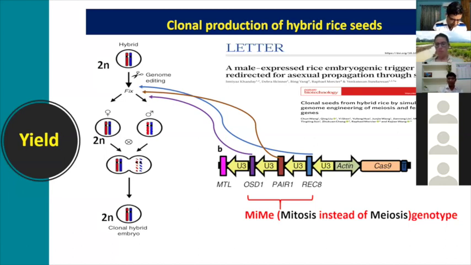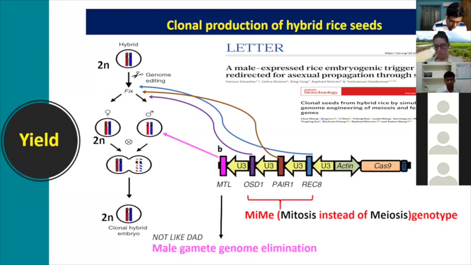So the diploid gamete is produced now, and we know that rice is a self-pollinated crop. So the two gametes would be fused by self-pollination, and then it would develop a tetraploid plant in normal cases. But in another intervention in the same paper, they mutated another gene called not like dad, or the matrilineal gene.